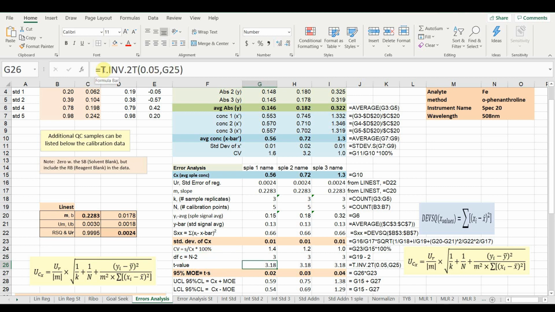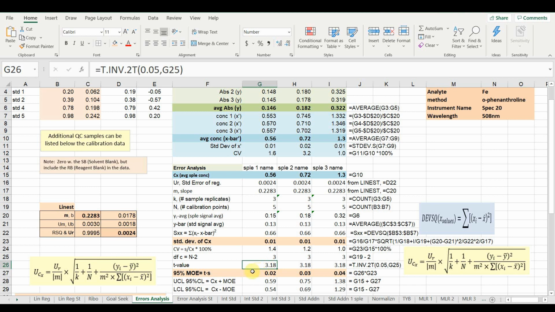For the t value, you can look it up in a t-table or simply use the Excel function equals T.INV.2T for a two-tailed t-test at the 95% confidence limit, and these are the degrees of freedom. In this case would be 3, and our value is 3.18.